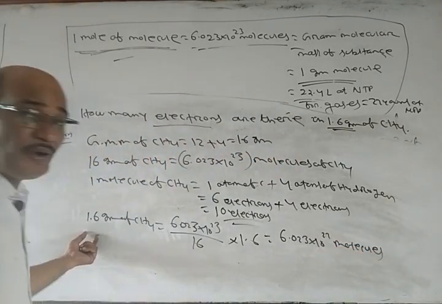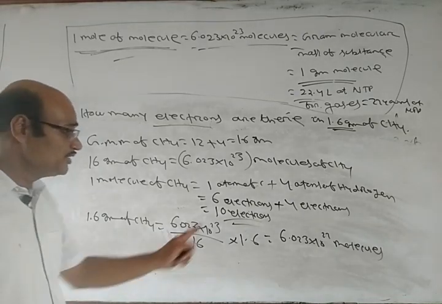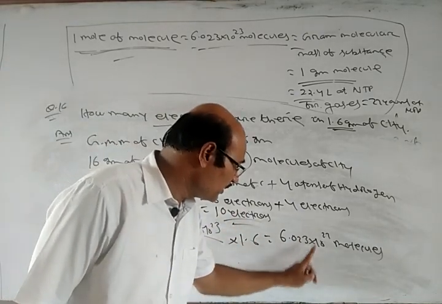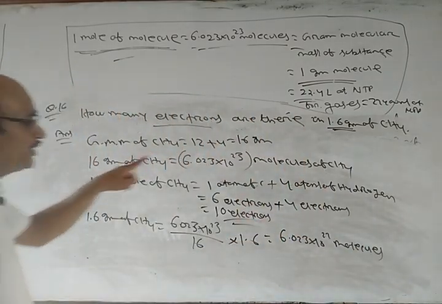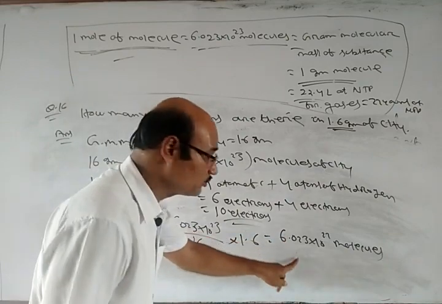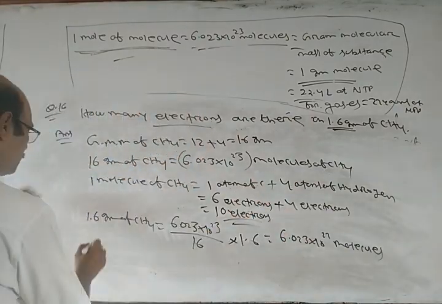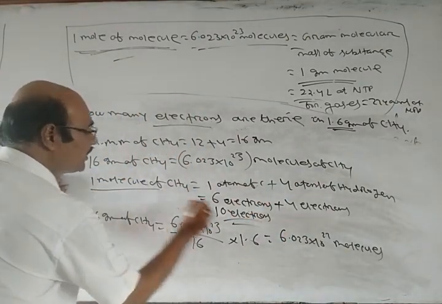So 1.6 gram methane contains 6.023 into 10 power 22 molecules of methane, and we know one molecule of methane contains 10 electrons.